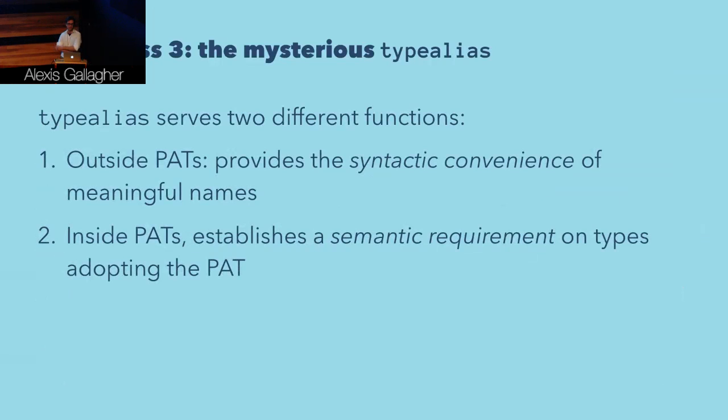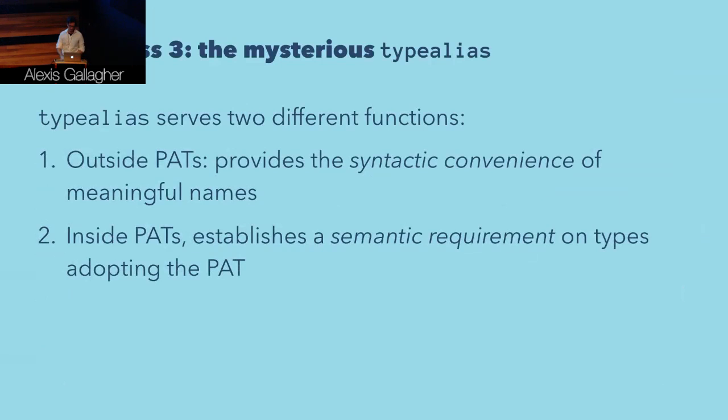But inside a protocol with associated type, as I mentioned earlier, type alias is doing something very different. Type alias is actually establishing a semantic requirement for adopting the protocol. So it's establishing the requirement that any type that adopts this protocol needs to implicitly or explicitly specify which type is associated with this type alias.